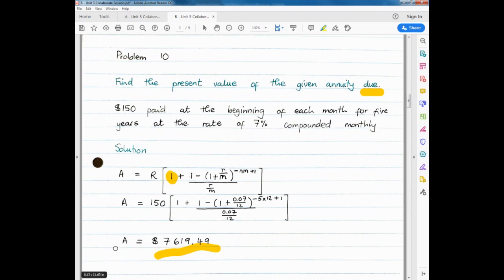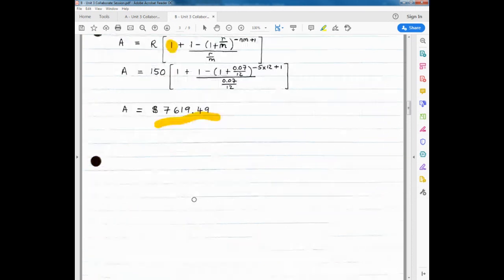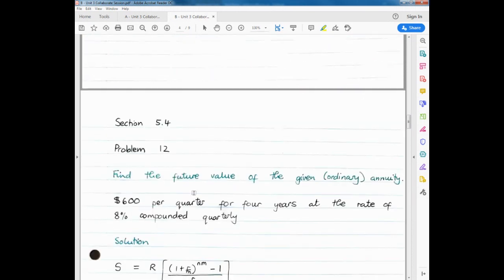Okay, so now we have looked at an example with a present value of both an ordinary annuity and an annuity due. Okay, so now what we want to do in problem number 12 is to find the future value. Like we did with the previous two problems, we're going to start with the future value for the ordinary annuity.